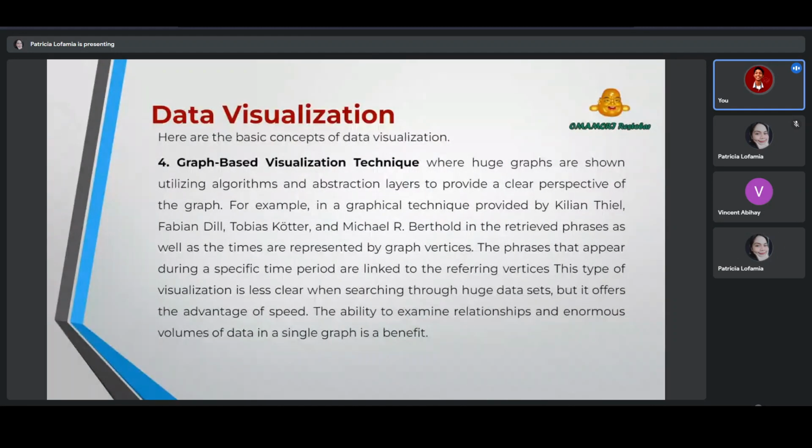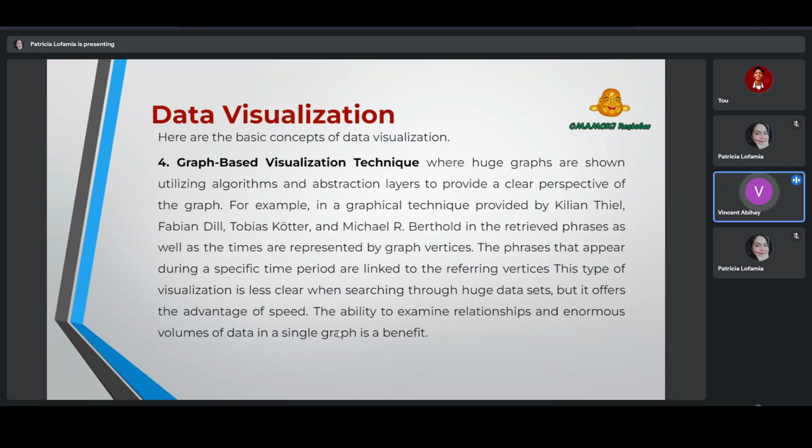Fourth, graph-based visualization technique, where huge graphs are shown utilizing algorithm and abstraction layers to provide a clear perspective of the graph. For example, in a graph technique provided by Kilian Thiel, Fabian Dill, Tobias Kötter, and Michael R. Berthold, the retrieved phrases as well as the times are represented by graph vertices.